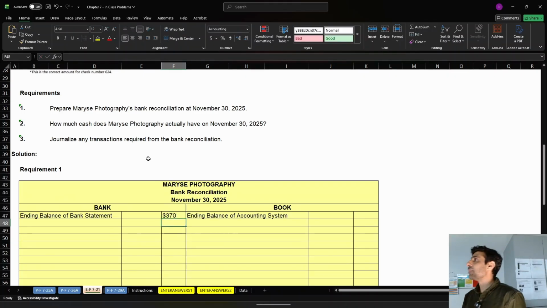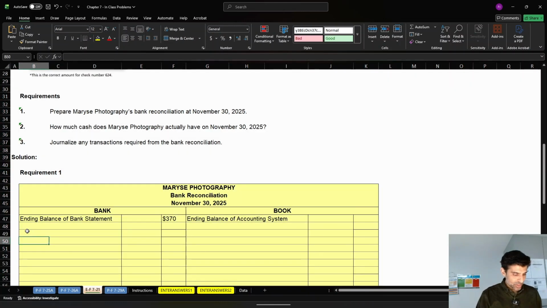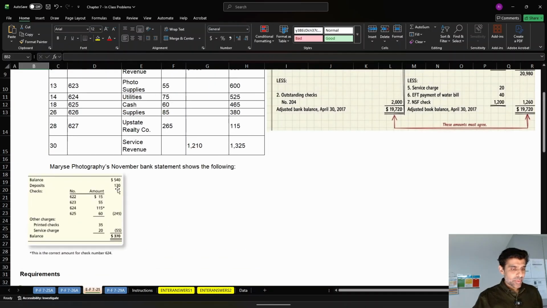I know that this is incomplete because there are things that are in my accounting books that are not yet included in this bank statement. The first one, deposits in transit, which I've already mentioned. So add deposit in transit, because if I look at my bank statement, I only show $130 of deposits.